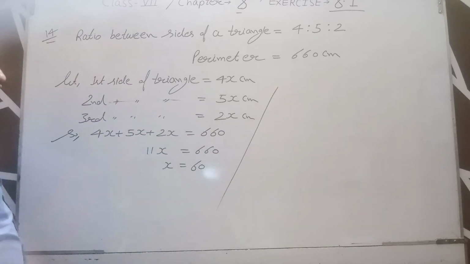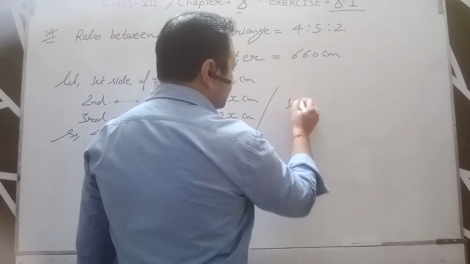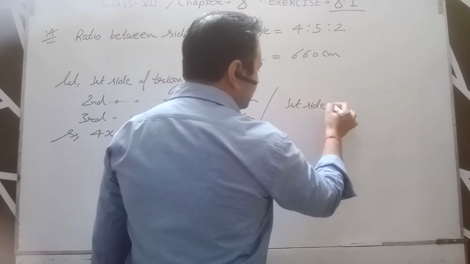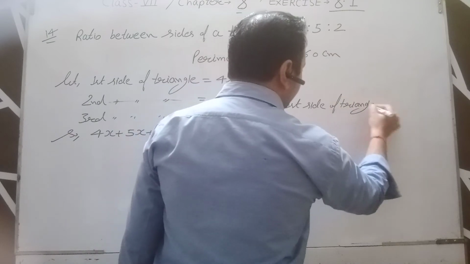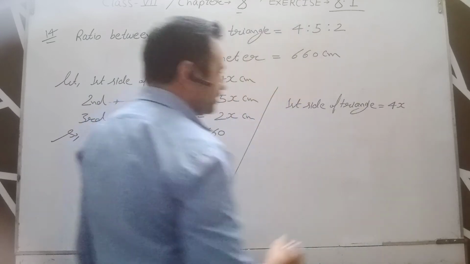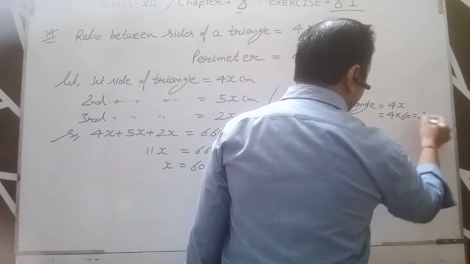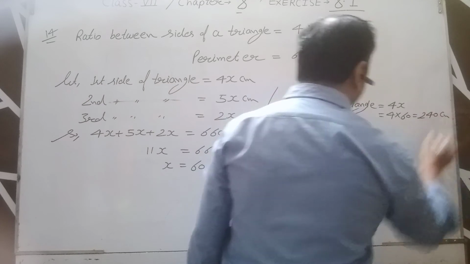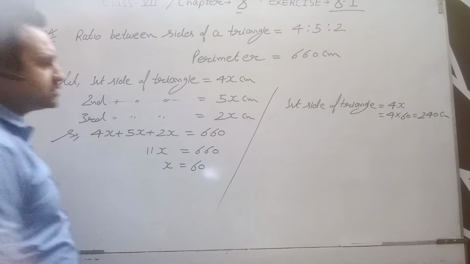Now we have to find out the length of each side. So the first side of the triangle, which is 4x, it means 4 multiply 60. So the value is 240 centimeter. Now we have to find out its second side.